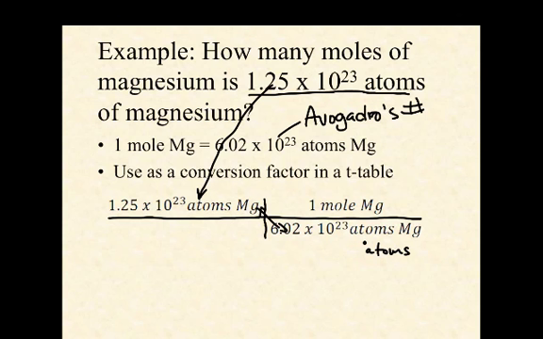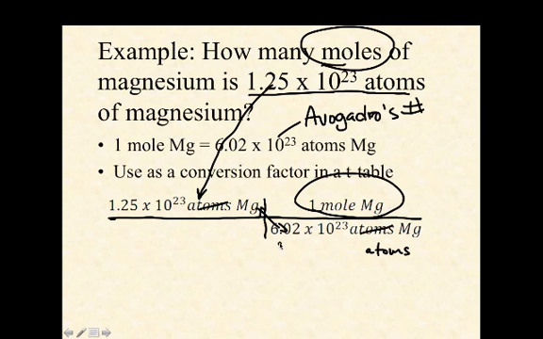We'll put atoms wherever we need to make it all cancel out, right? So now we're going to do the math, because if I cross out atoms here, they're across from each other, I'm left with moles, and that's our target. That's what we were trying to find in the first place. Remember how to do t-tables? Multiply across the top. So it's 1.25 times 10 to the 23rd times 1. You don't need a calculator for that part, I hope.